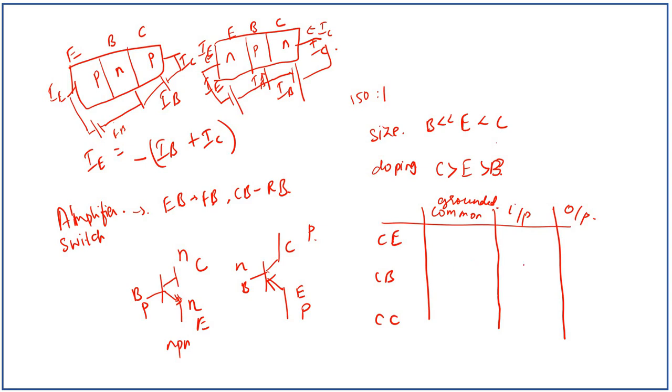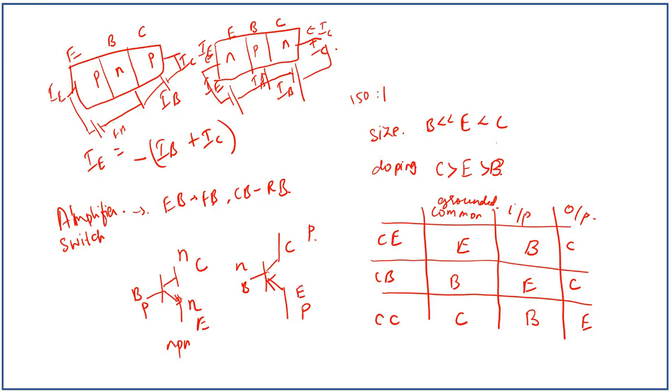In common emitter, the emitter is grounded, input is in base and output is in collector. In common base, the base is grounded as the common terminal, input is in emitter and output is in collector. In common collector, the collector is grounded, input is base and output is emitter.